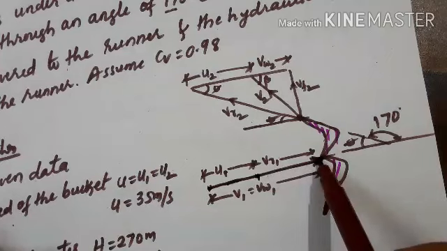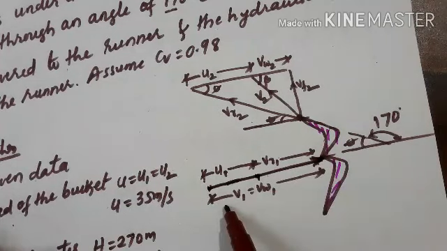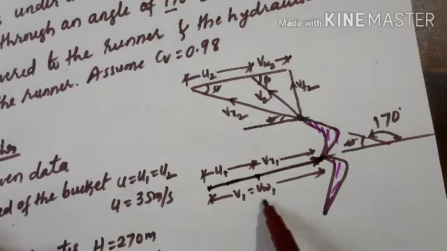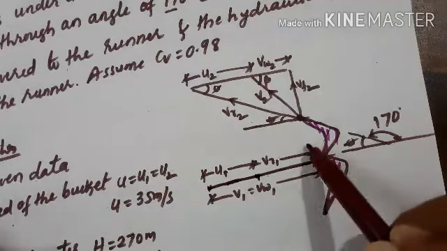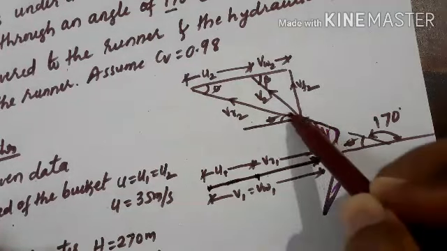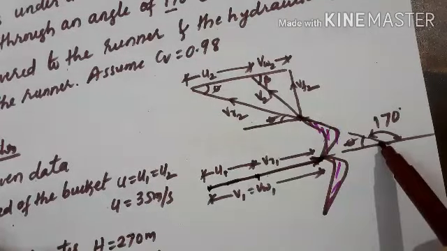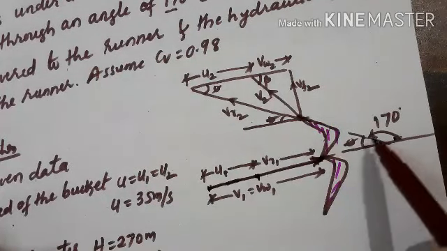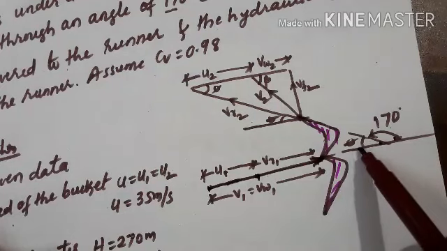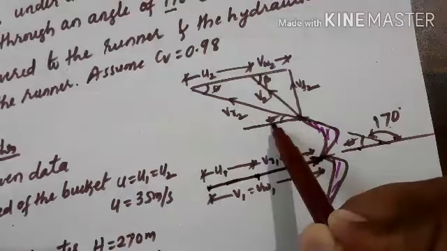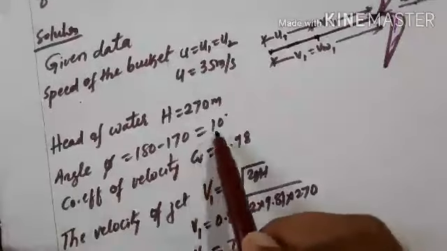This is u1 and this is Vr1. Then the absolute velocity will be V1 equal to Vw1, that is the velocity of the jet. Then after striking, it will deflect by an angle of 170 degree. Then total angle is 180. 180 minus 170 gives you the phi, that is the vane angle at the exit, that is 10 degree.